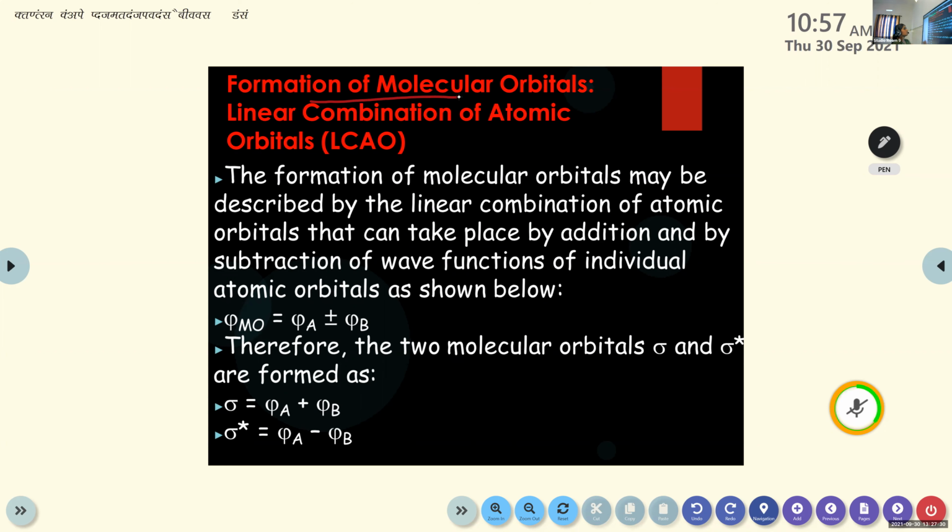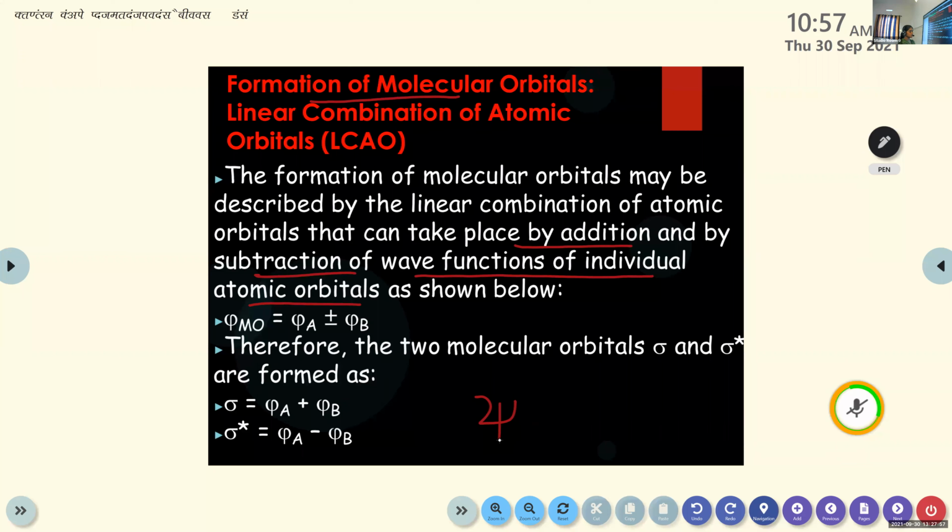So the formation of molecular orbitals may be described by the linear combination of atomic orbitals that can take place by addition and by subtraction of wave functions of individual atomic orbitals. How can we represent a wave function? What is the symbol? Anyone? Psi. Psi, very good. Psi can be represented like this, right?